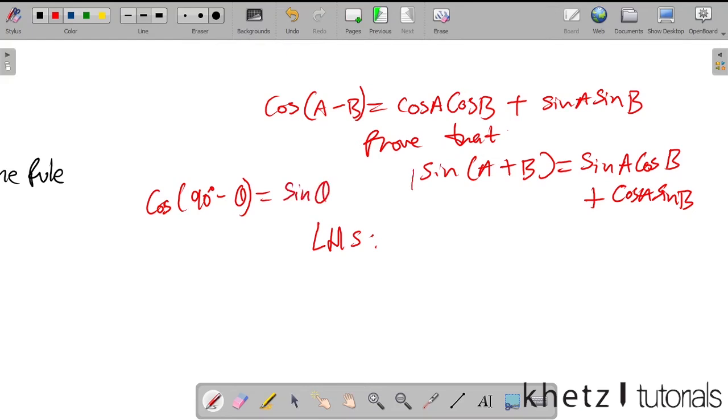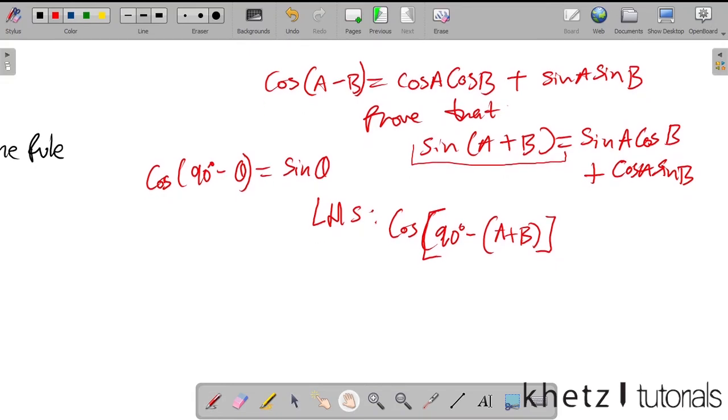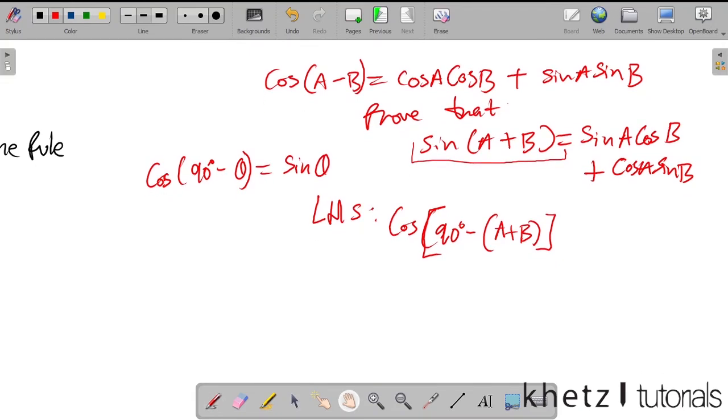So in our case, on the left hand side, we have sine of A plus B, and that is the same as having cosine of 90 degrees subtract that same angle. Now we want to make this look like what we've already proven up here.